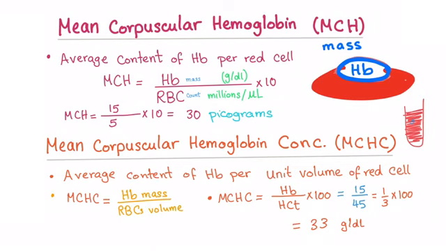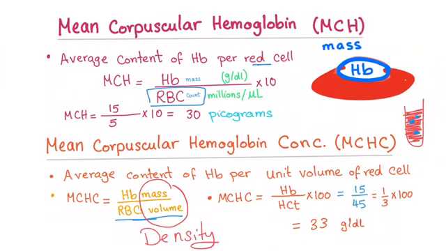What's the mass of hemoglobin inside the whole volume, not inside an individual red blood cell? So it's a hemoglobin mass over RBC volume, not count, volume. And if you are good at physics, mass over volume is called, yes, density.